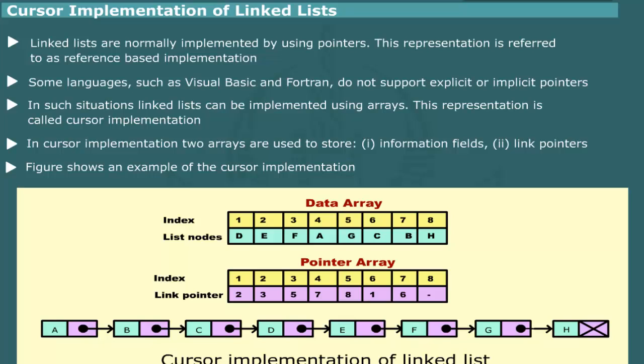By using this information, we can traverse the data array and list all the elements. The corresponding linked list is also shown pictorially. Note that the elements of the array are sorted. A major drawback of array implementation is that the size of the list cannot be increased dynamically.